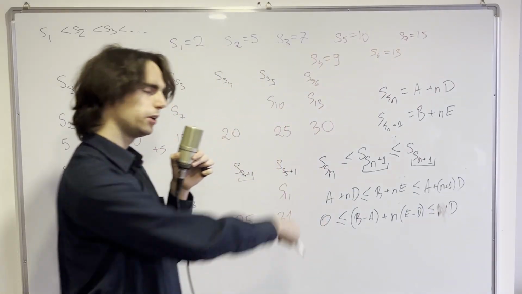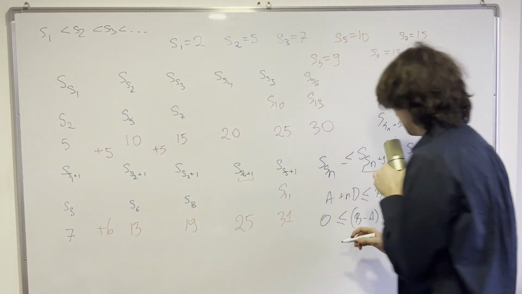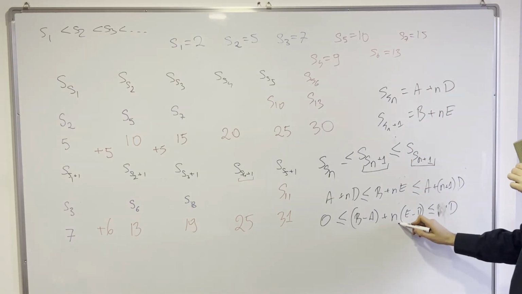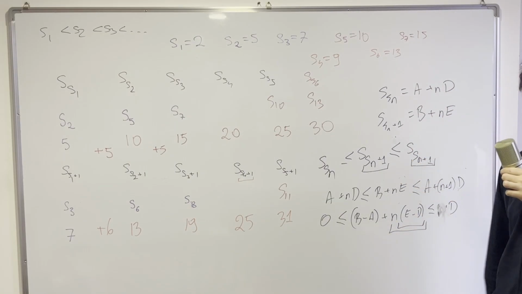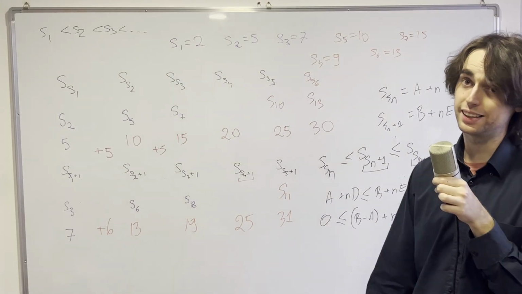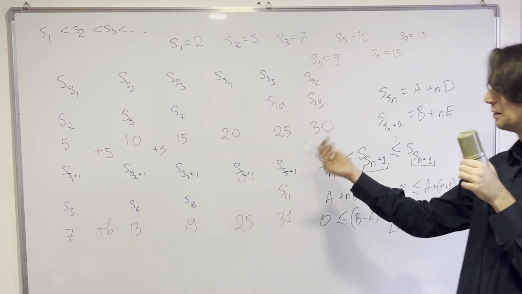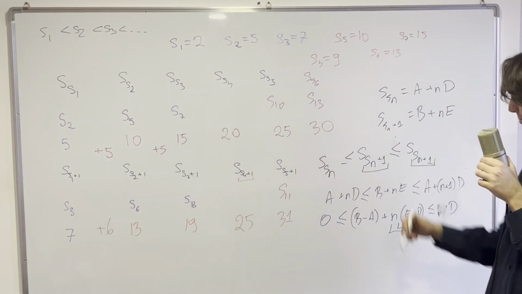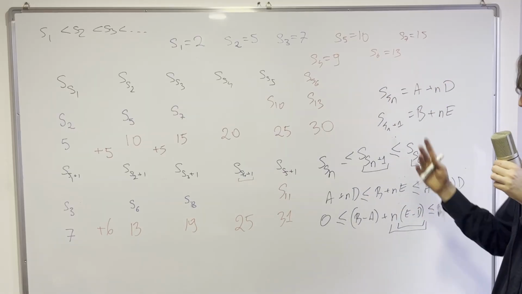Now, what do you notice in here? Pause for 2 minutes, figure that out. And the answer is, well, if E wasn't equal to D, what would we have? Then this would be linear in n. Now, what's the thing about linear functions? They know no bounds. On the interval from n0 to positive infinity, it's without bound.